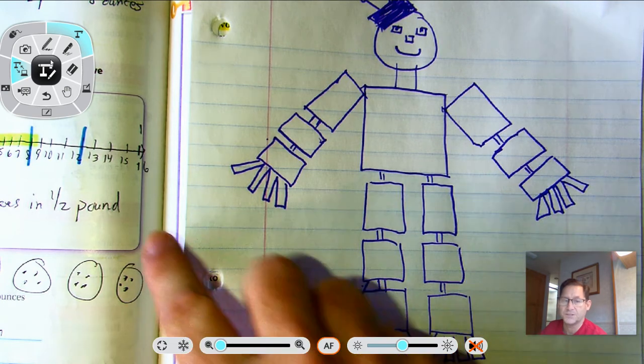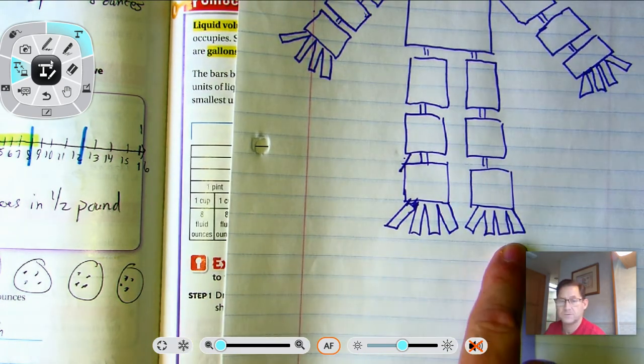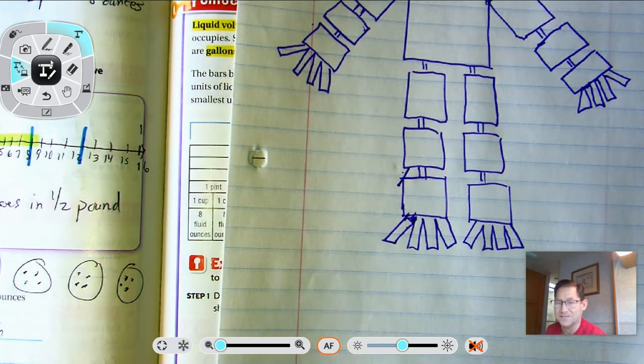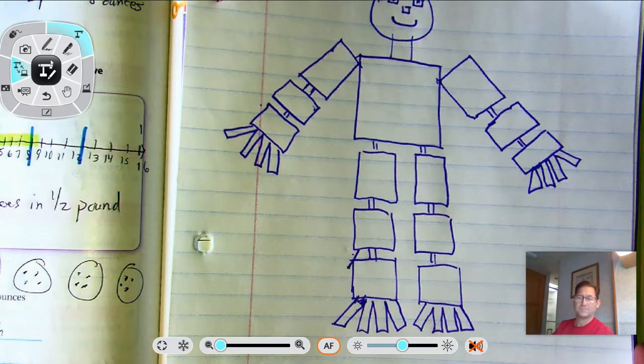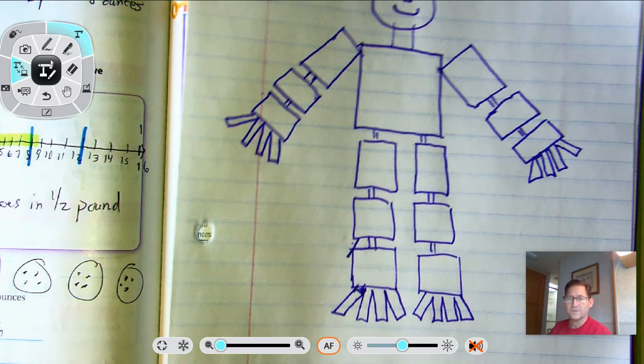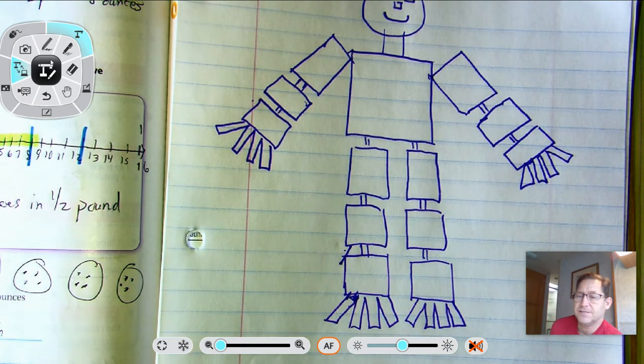He only has 4 fingers on each hand, and he only has 4 toes on each foot. Okay, so let's draw those basic boxes in. You can pause while you do that, and when you're ready, you can continue.